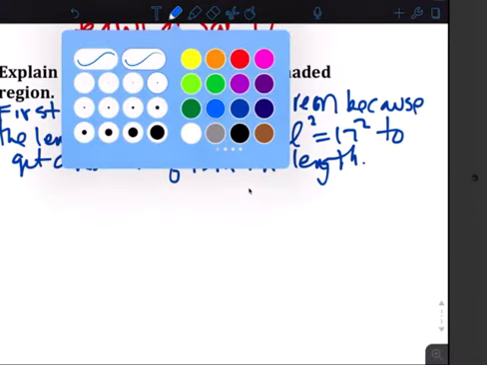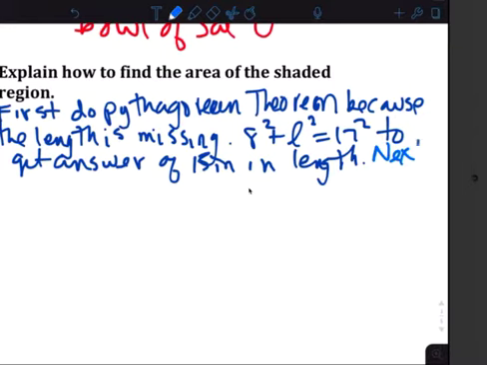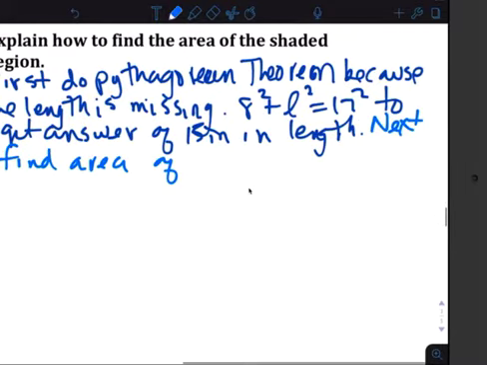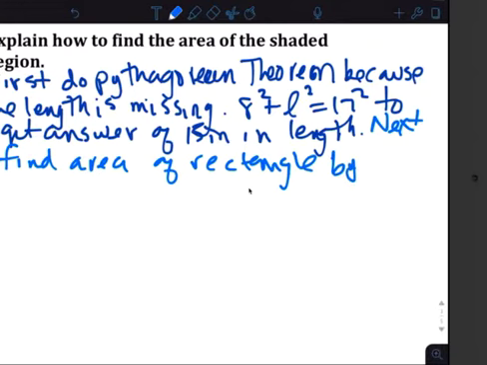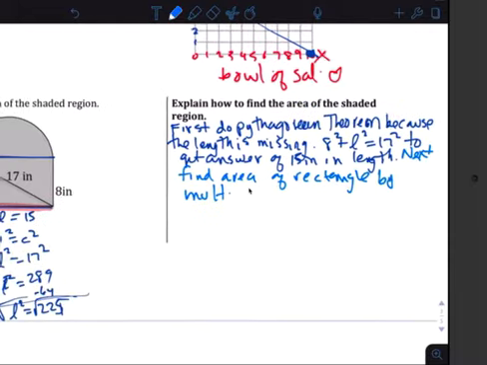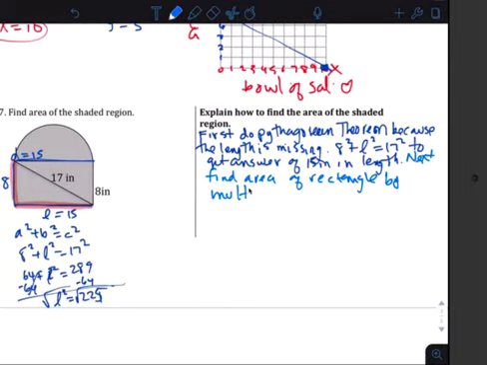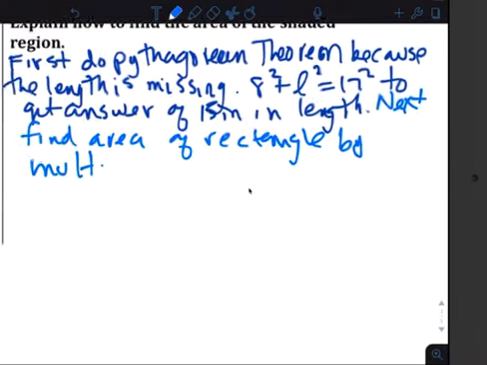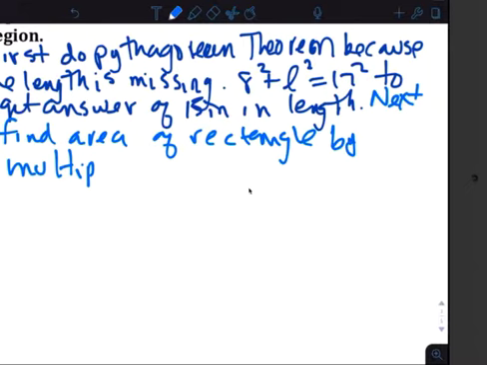Next, find the area of the rectangle by multiplying. Okay, you need to put the formula there.